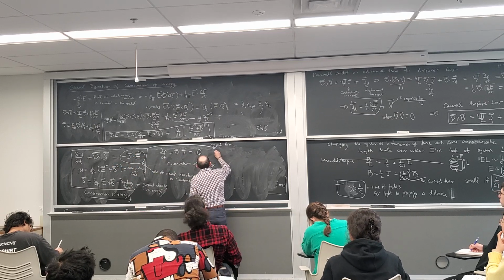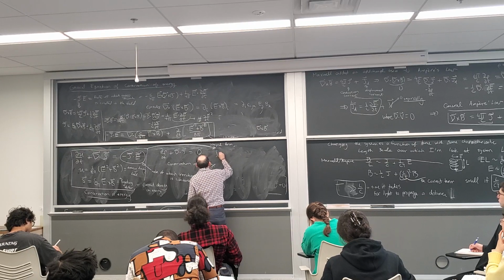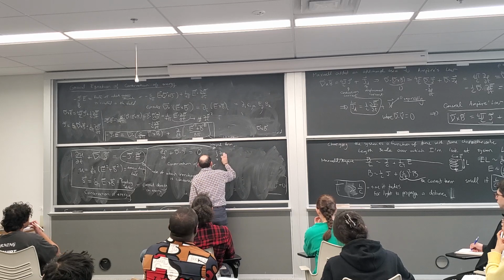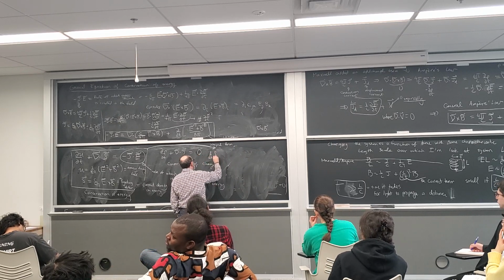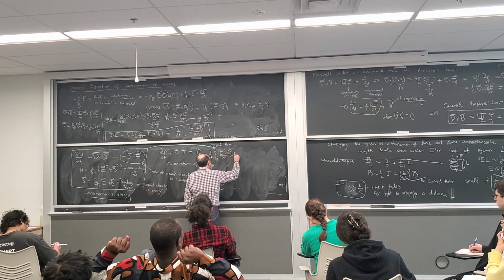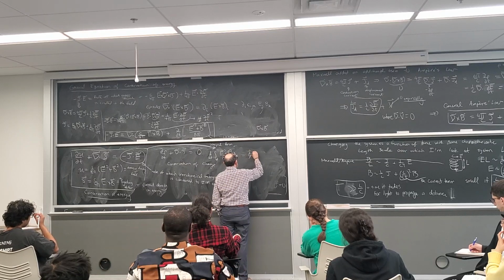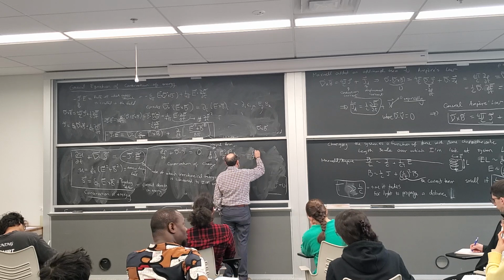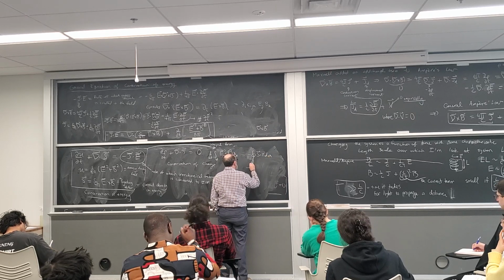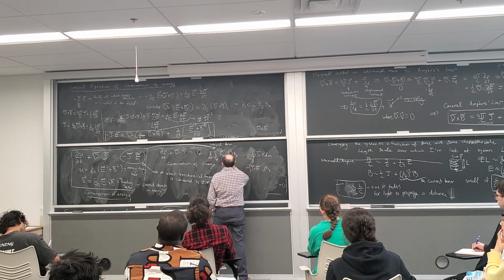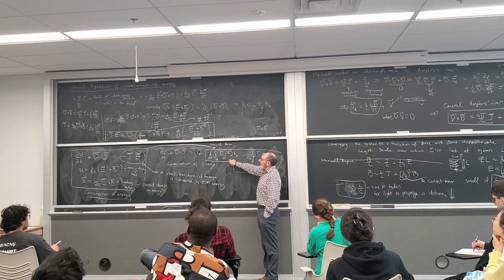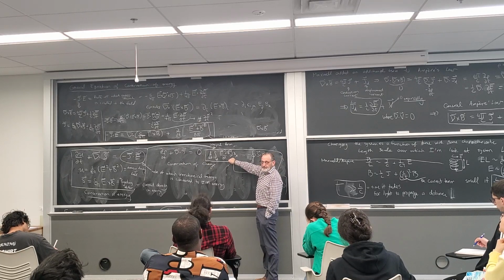What this is telling me is that if I integrate over a volume here, and use the divergence theorem, it says that the electromagnetic energy inside a closed volume can change for two reasons.